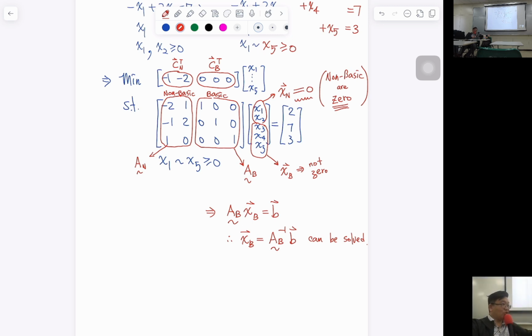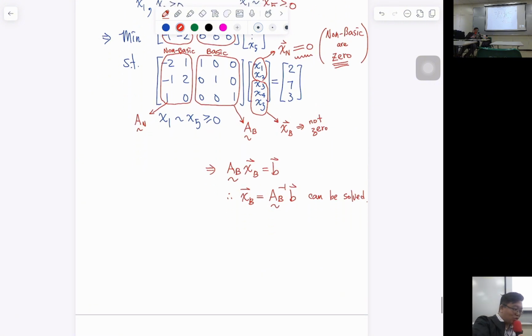The inverse is also an identity matrix. So at the beginning, X3, 4, and 5 can be solved easily. They are basically 2, 7, and 3. Right? So basically your initial guess is 0, 0, 2, 7, 3. That's your initial guess.